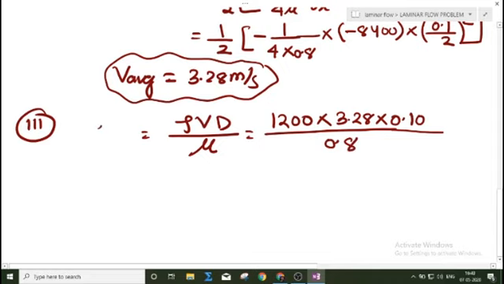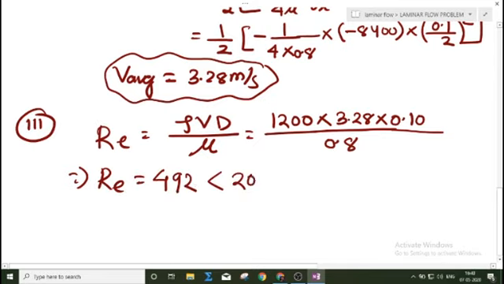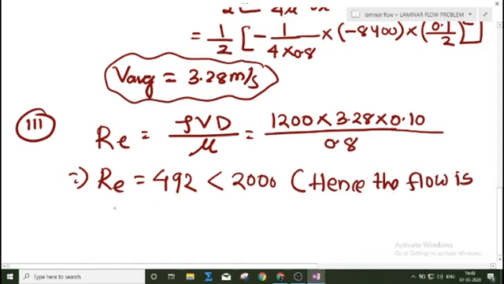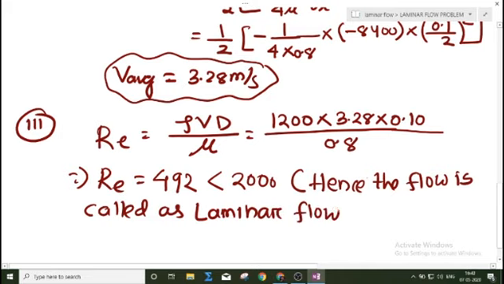So the Reynolds number we are getting is 492. Is it less than 2000? Yes, it is less than 2000. Hence the flow is called laminar flow.